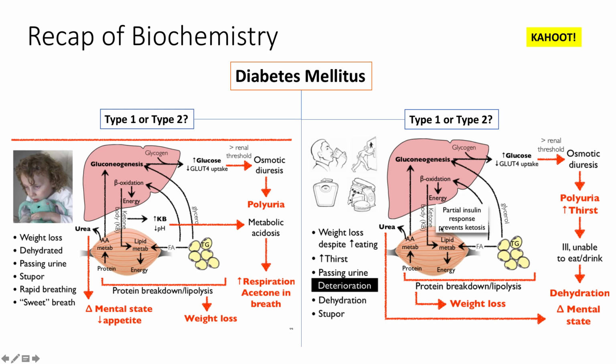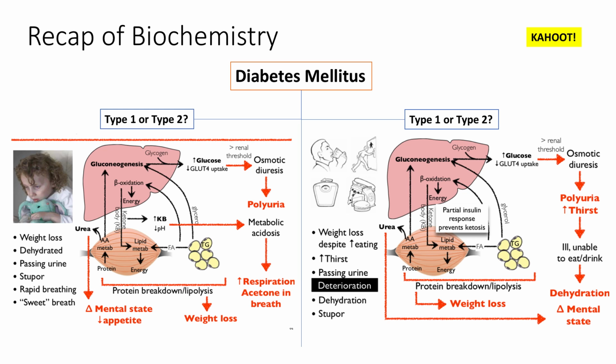The reason a type 2 diabetic patient usually does not have diabetic ketoacidosis is because you have some partial insulin response that will prevent the conversion of your fatty acids into ketone bodies. Whereas in type 1, insulin is completely deficient, so ketone bodies can be produced.